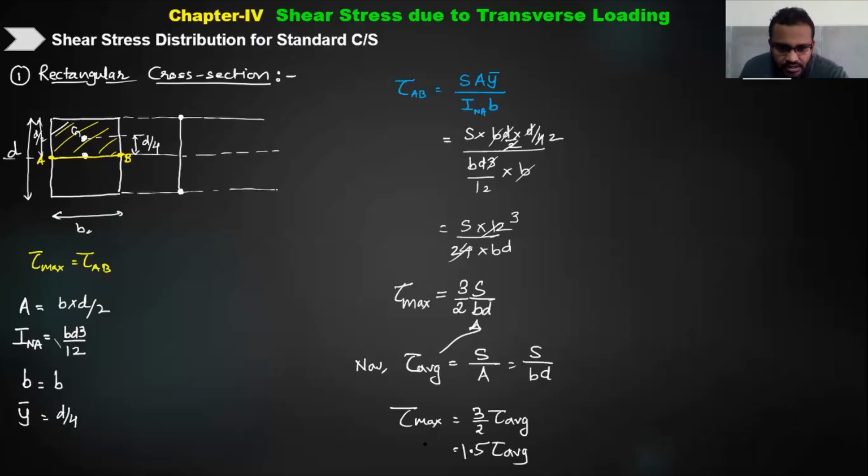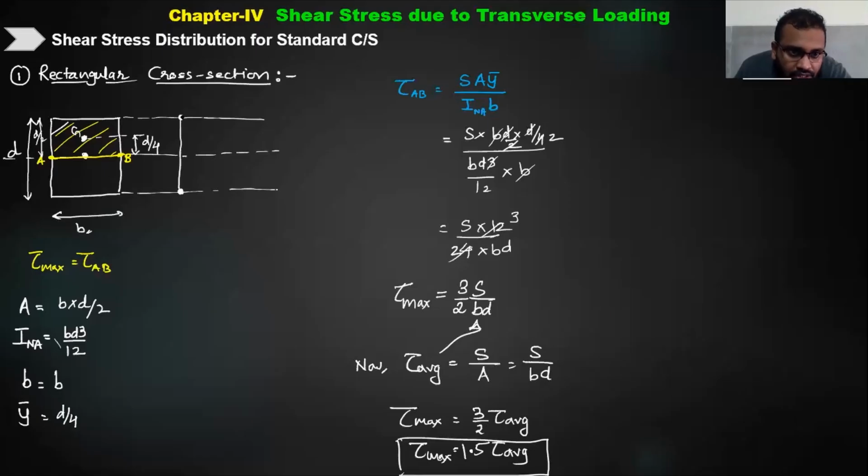So if you know this condition for rectangular cross section, no need to use this entire big formula to calculate the maximum shear stress. Simply we know that whenever there is a rectangular cross section, the maximum shear stress is going to be 1.5 times the average value. So you can simply calculate average value by load upon area and then multiply by 1.5 to get the maximum shear stress value in brief.